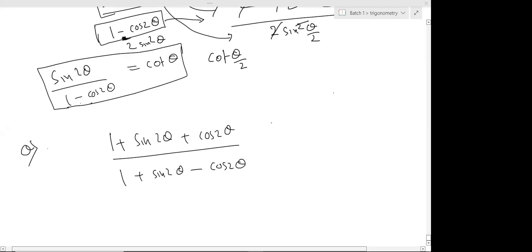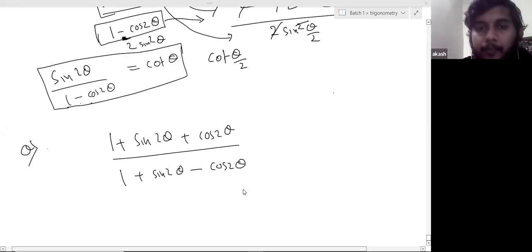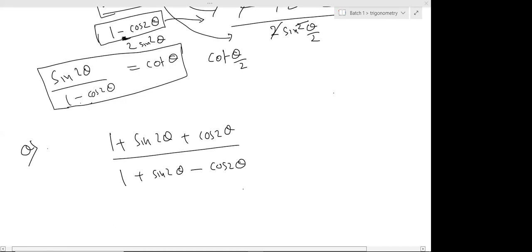No, Shravya, you should not get half. All right. Check again. Gautam, are you able to solve this? Sir, I can take this 1 plus cos 2 theta formula.